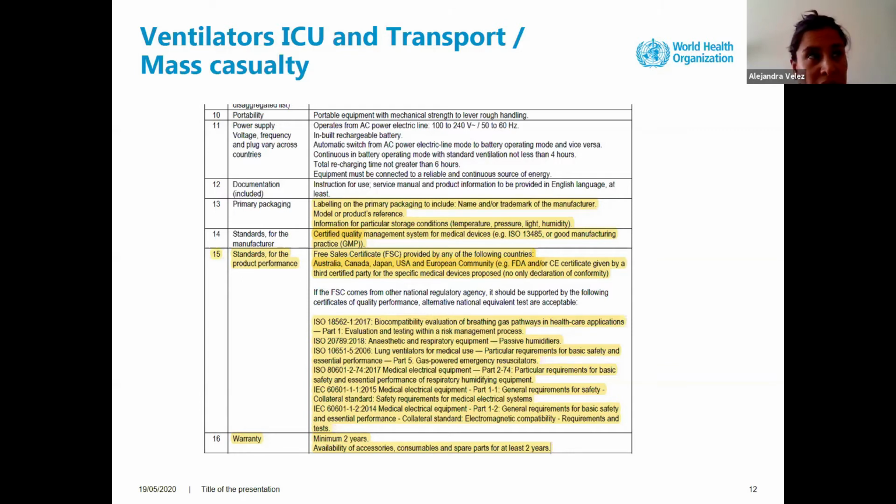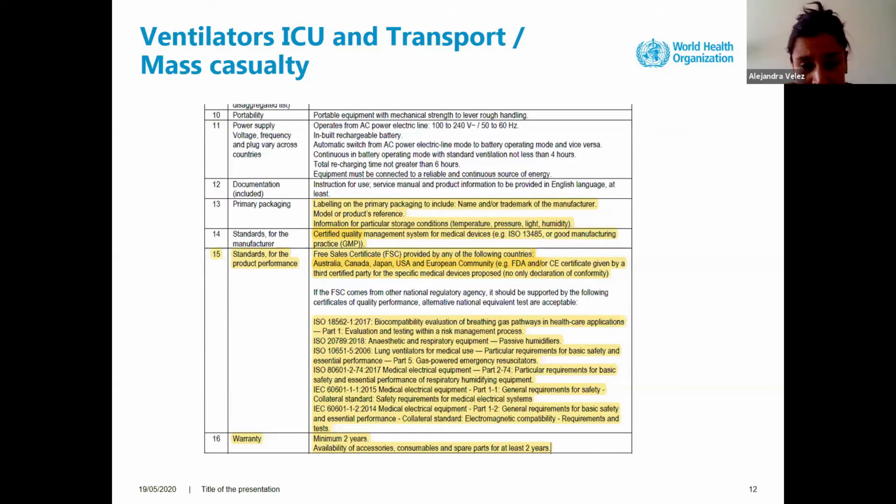So there is no linear equivalence of the standards, but once we know what is included in the standards and what parameters or results we want to get from this test, we can request it from the manufacturer, including the assessment of a regulatory body that gives a certificate of exportation or free sale certificate prior to commercialization in the world.